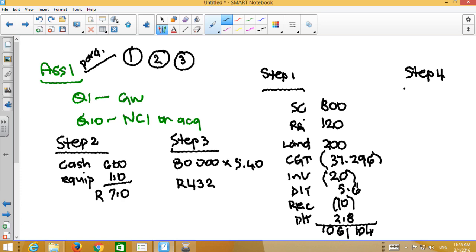So step 1, step 2, step 3, leaving us then with step 4, which is when we pull it all together, and step 4 should just be a pull together of what we've got. We start with 1061,104. We take off 432, which belongs to NCI, doesn't belong to us.